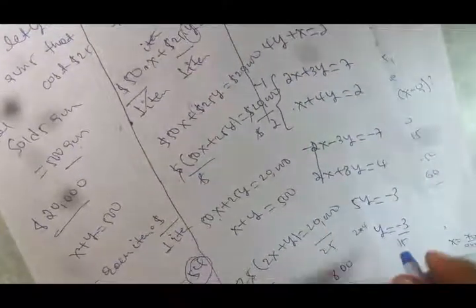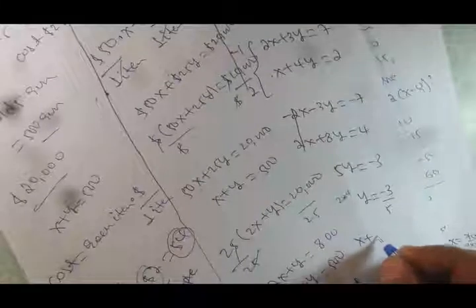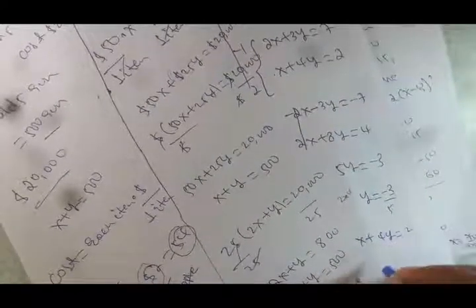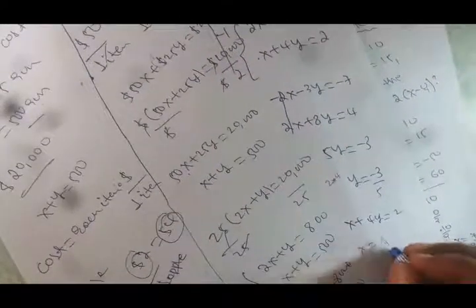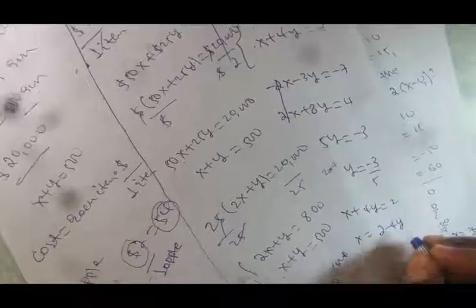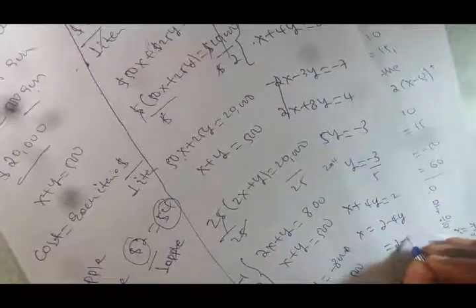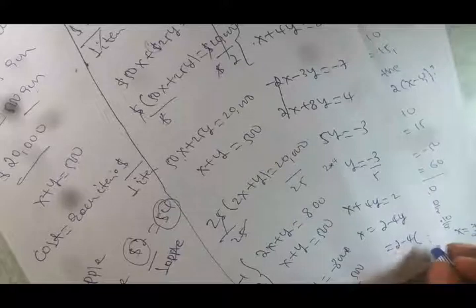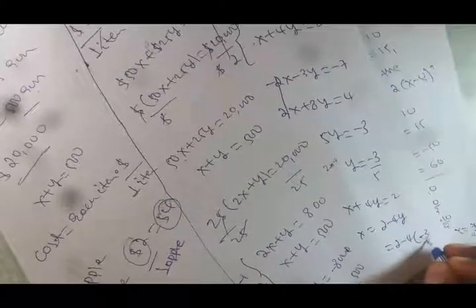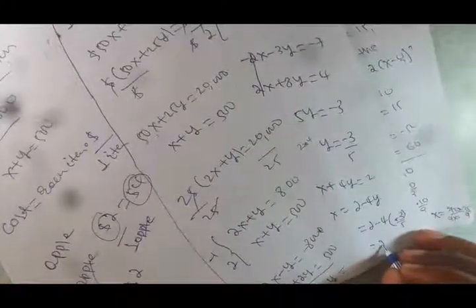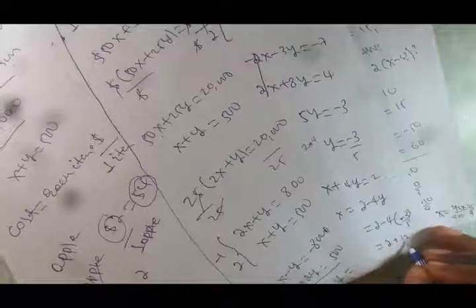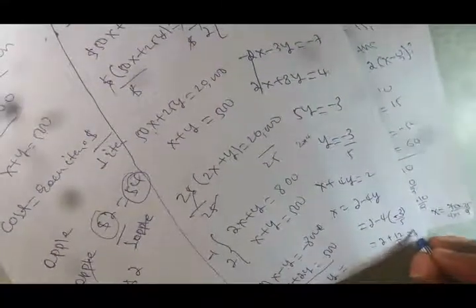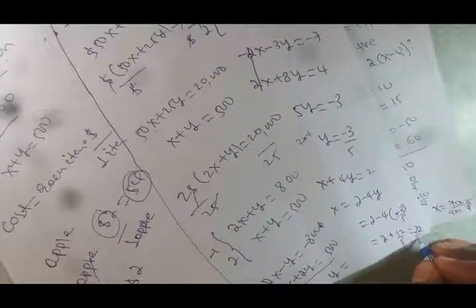To find the value of x, we know that x plus 4y is equal to 2. x is equal to 2 minus 4y. Therefore, 2 minus 4 times minus 3 over 5 is 2 plus 12 over 5, which is equal to 22 over 5.